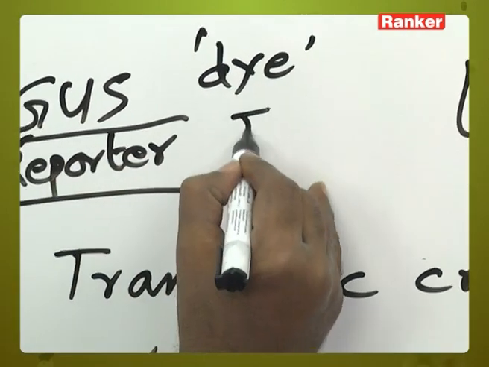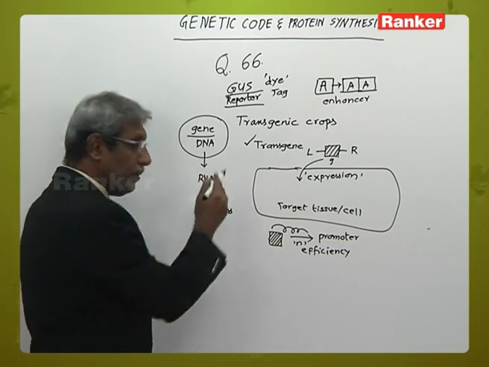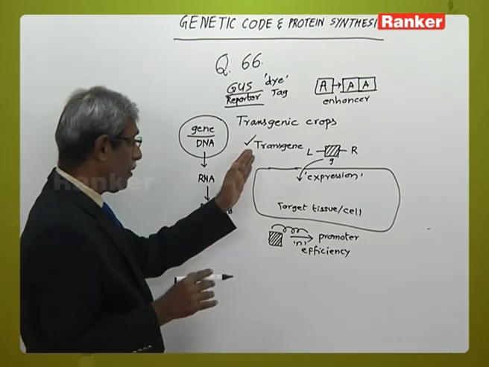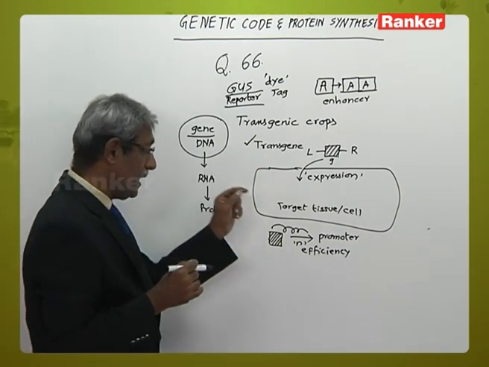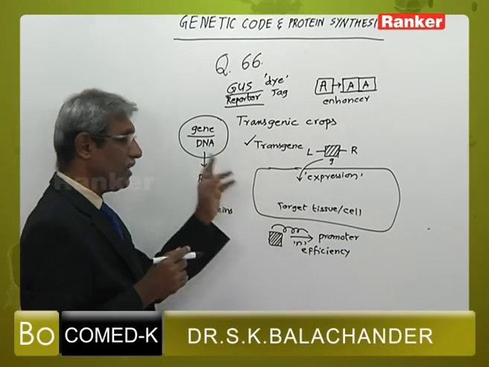It is tagged with a green dye. Thereby, when you take normal transgenic crops, gene expression in the target tissue is predominantly determined by the target gene.